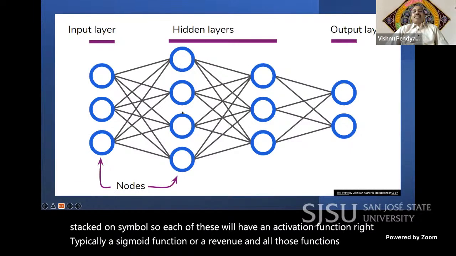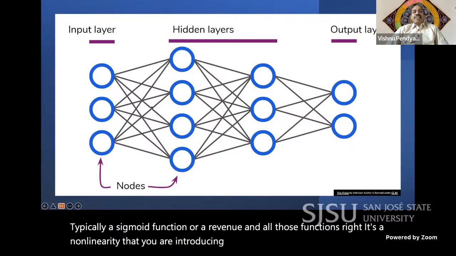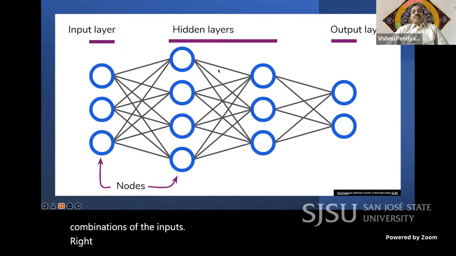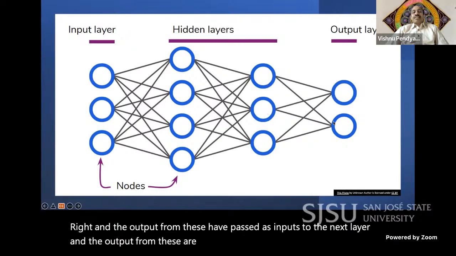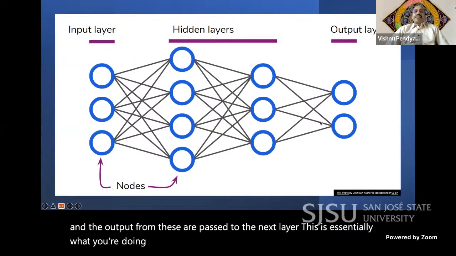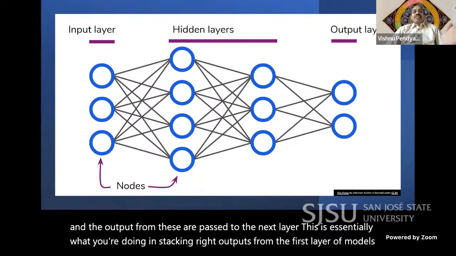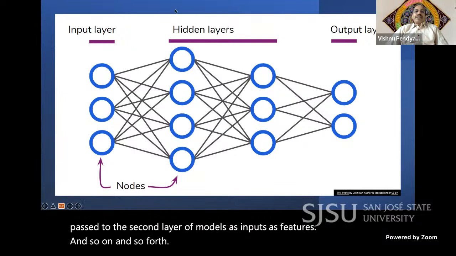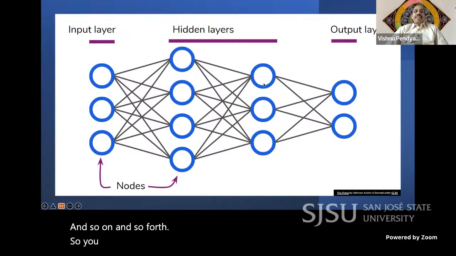It's a non-linearity that you're introducing into pretty much linear combinations of the inputs. The outputs from these are passed as inputs to the next layer, and the outputs from these are passed to the next layer. This is essentially what you're doing in stacking, right? Outputs from the first layer of models are passed to the second layer of models as inputs, as features, and so on and so forth. So your neural network or deep learning is essentially stacked learning.